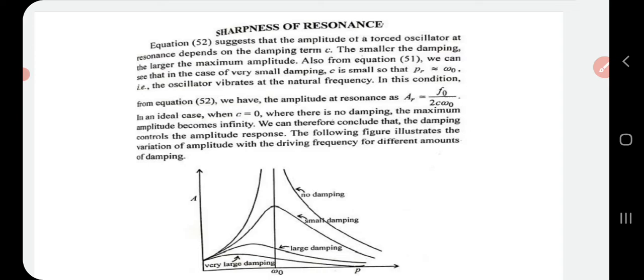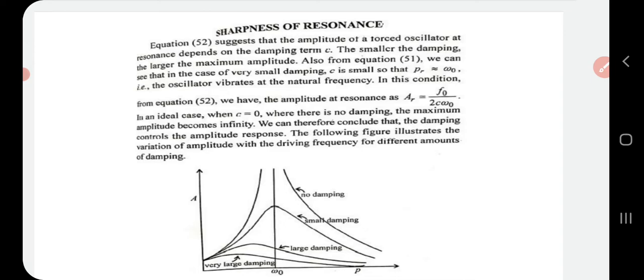From equation 51, we can see that in the case of small damping, that is when the damping constant C is very small, the resonant frequency pR will be equal to omega 0. That means the oscillator will vibrate at natural frequency, which happens at low damping. Under this condition, the amplitude at resonance is given by f0 by 2c omega 0.